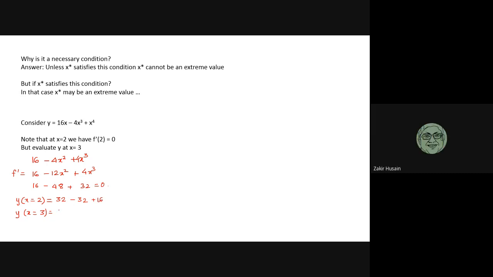And over here, x equal to 3. So 21. This is 48.